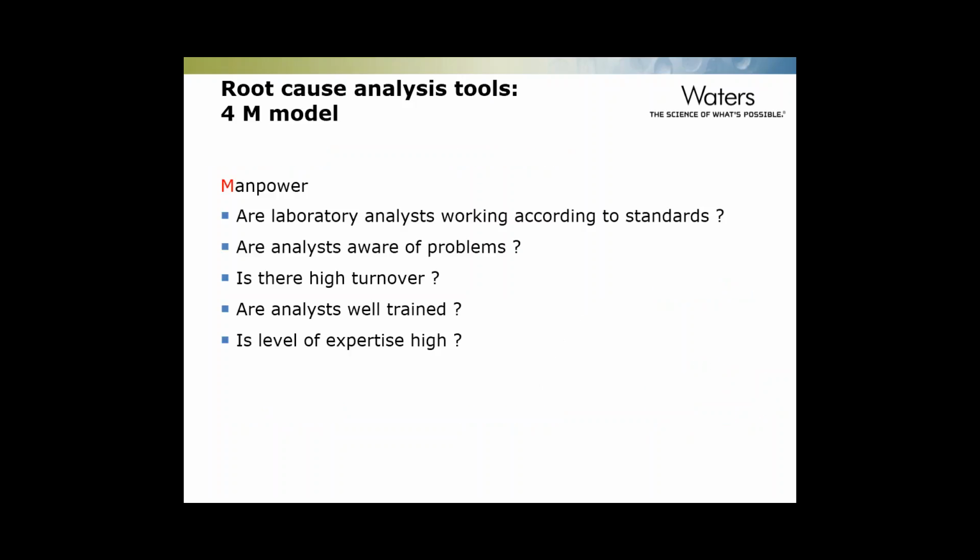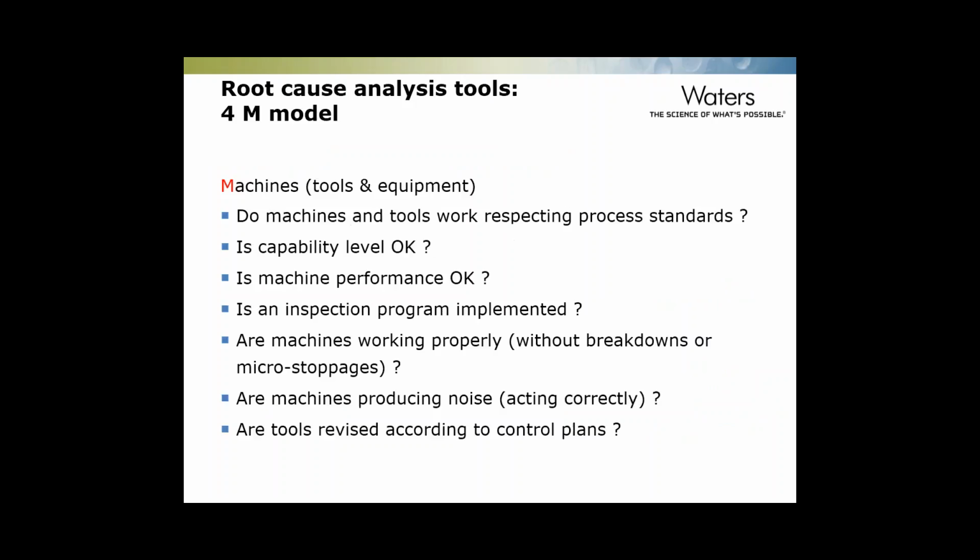When we talk about manpower, we could be looking at: are laboratory analysts working according to standards? Are they aware of the problems? Is there a high turnover? Are analysts well trained? What is the level of expertise? So you start asking questions in regards to manpower and start filling the issues out.